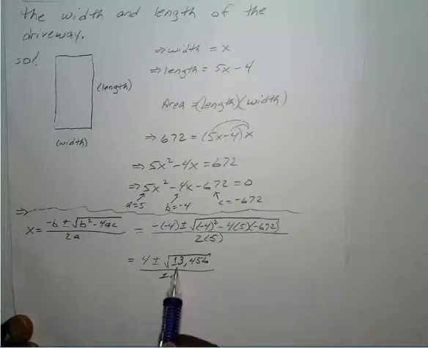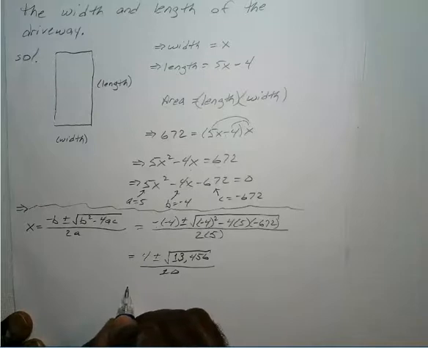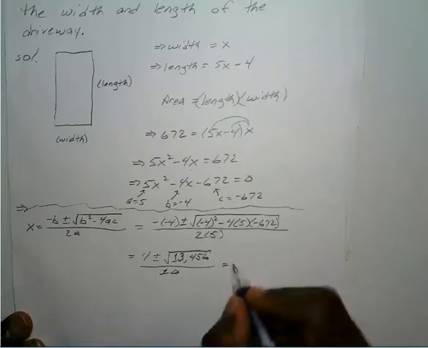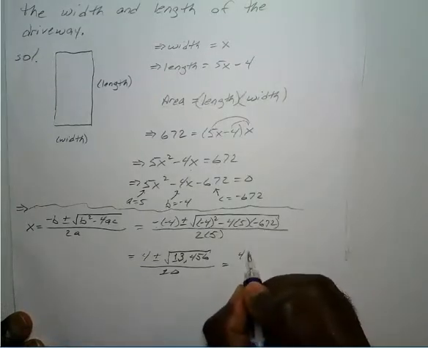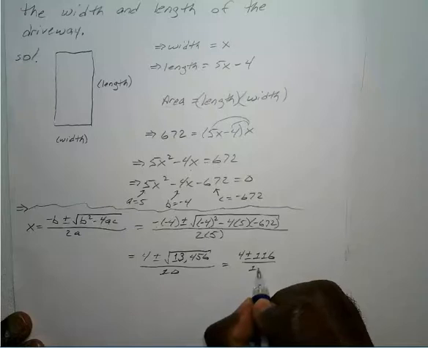Okay, now the square root of 13,456 is 116. So that's going to equal 4 plus or minus 116 over 10.